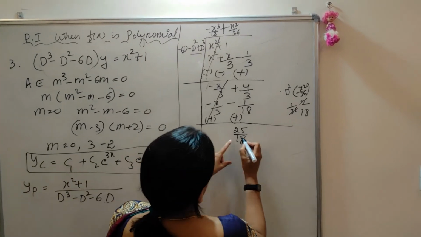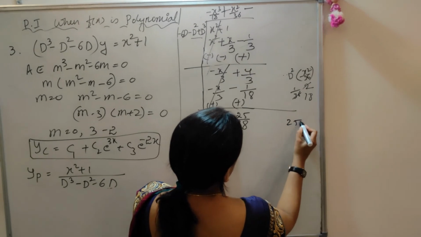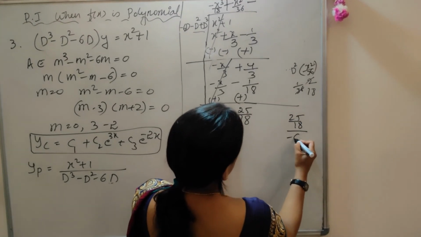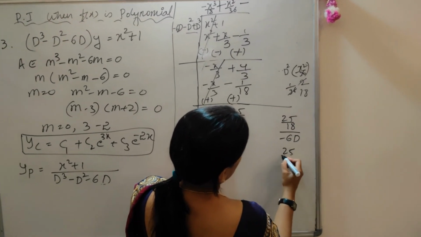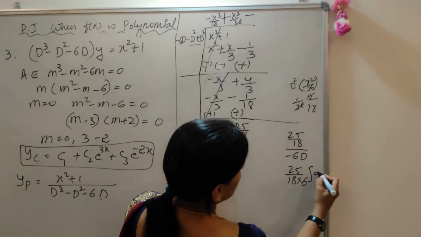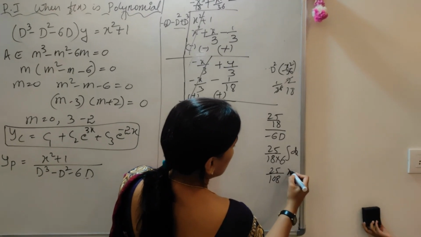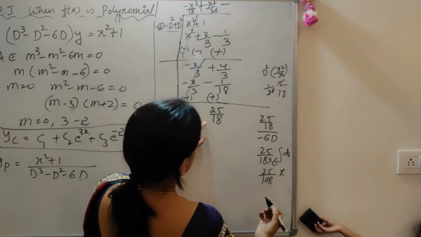After this, again minus into plus minus. So 25/18 divided by −6D, that is 25/(18 times 6), integration of the constant is dx. So 25/108 times x, since integration of 1 dx is x.